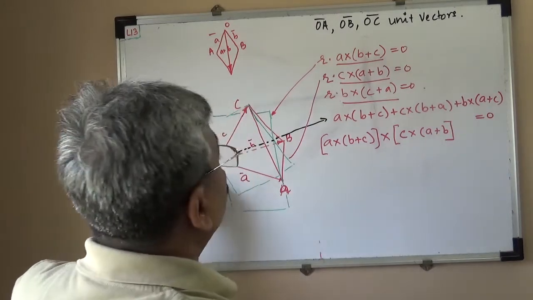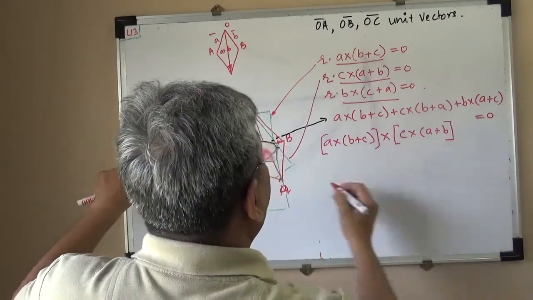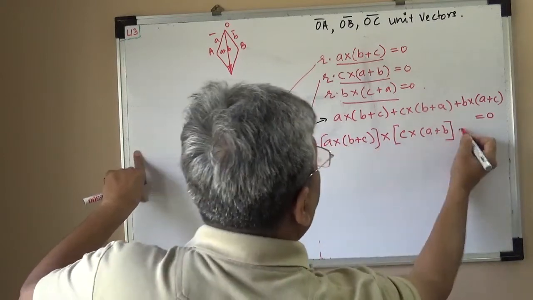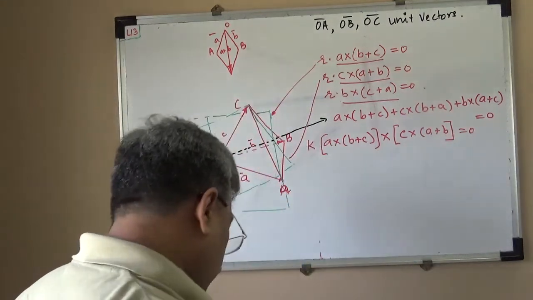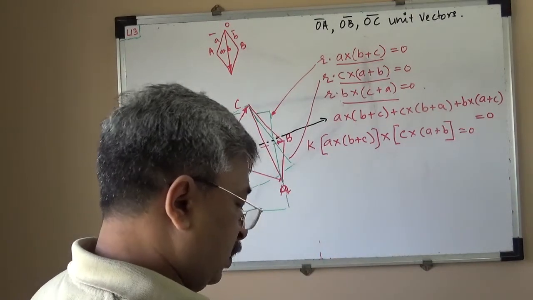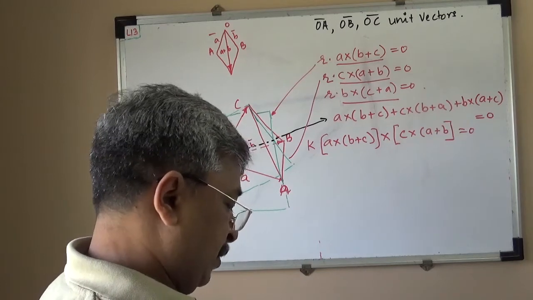So this is the vector, and maybe k times the vector is equal to 0 is going to be the line. This is what is going to be your line, the line of intersection of these planes.